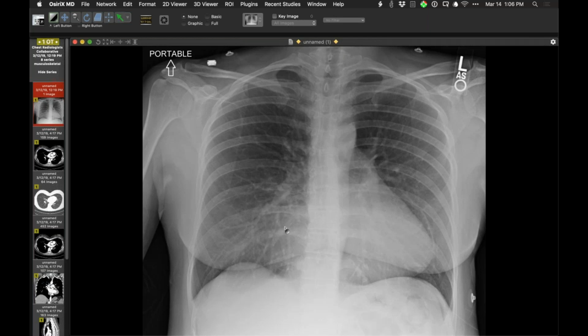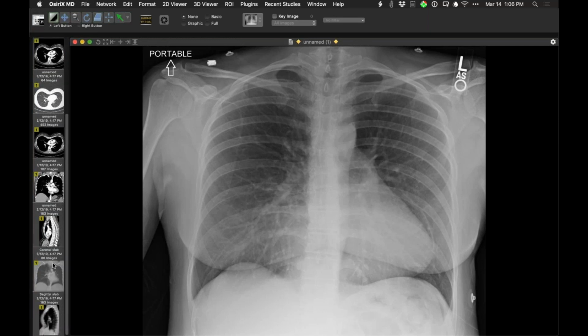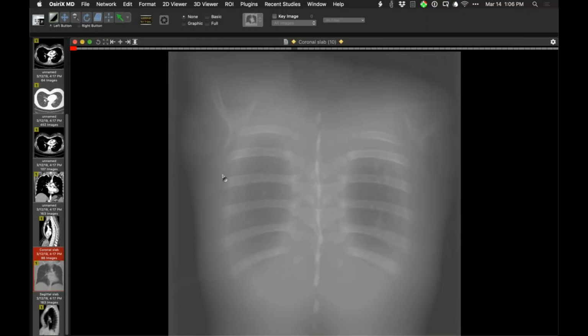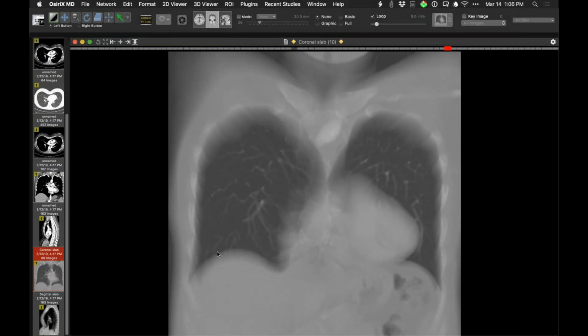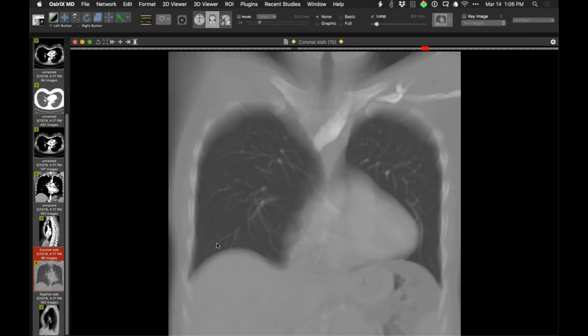Then because of that, in part, we see these vessels here very nicely. Although some of this opacity here is obviously due to breast tissue attenuation, perhaps it's more than a bit of that. So you'll see that in a moment. If I was to make a slab and go to the anterior chest, you'll see the position of the heart.